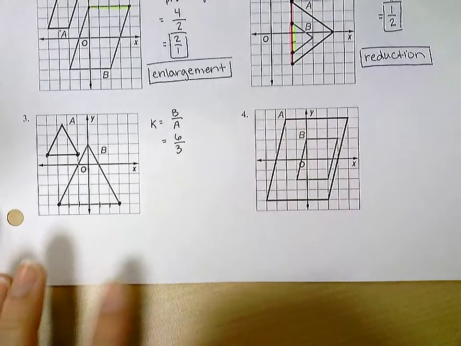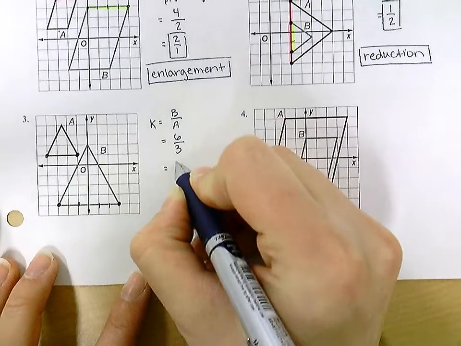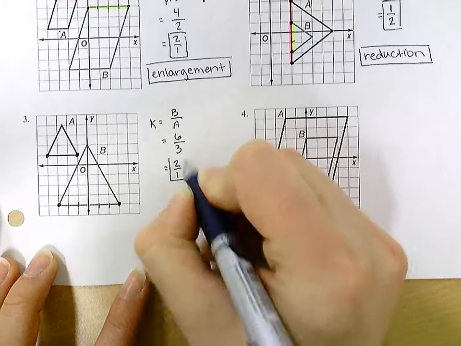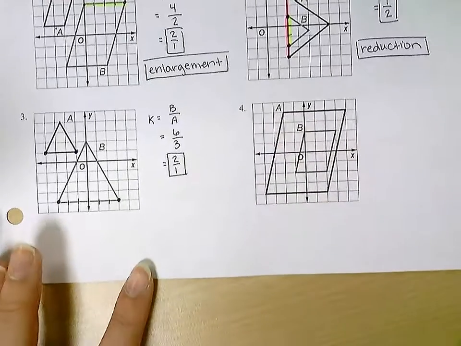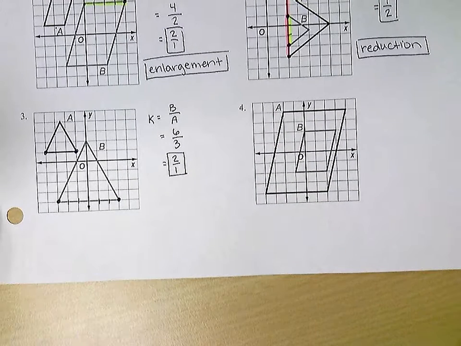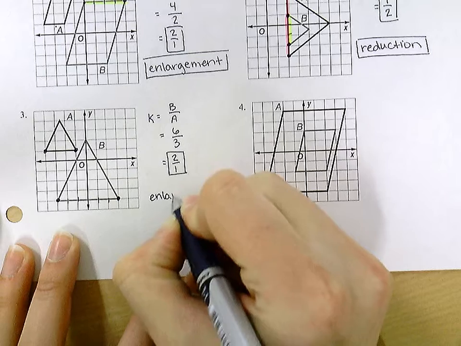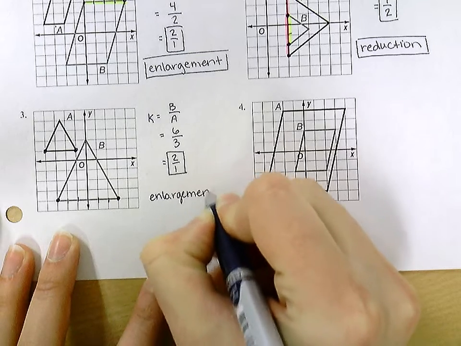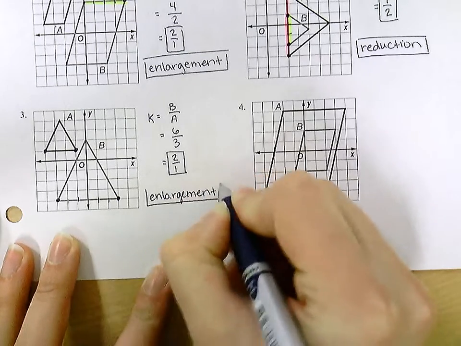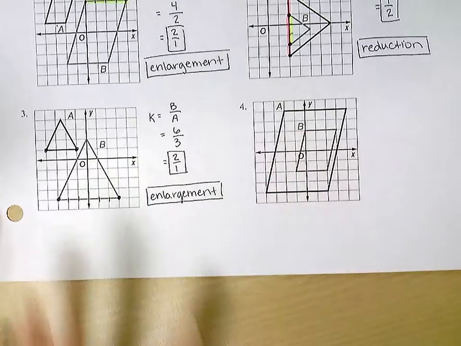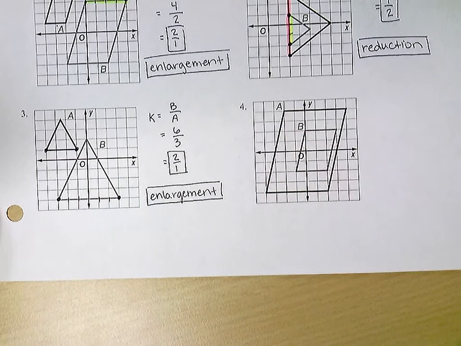And I do want to reduce that ratio then to 2 over 1. So since my ratio is greater than 1, this would have to be an enlargement. Okay, and you can see that if you're going from figure A to figure B, it does get larger. Okay, so that's a good way to check.